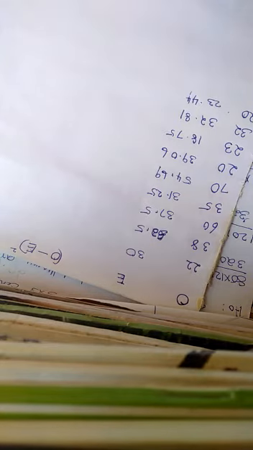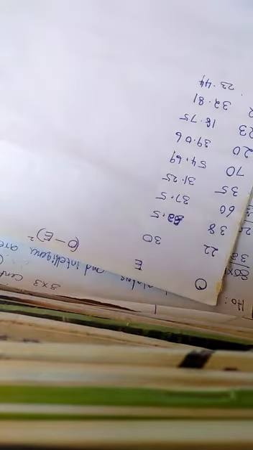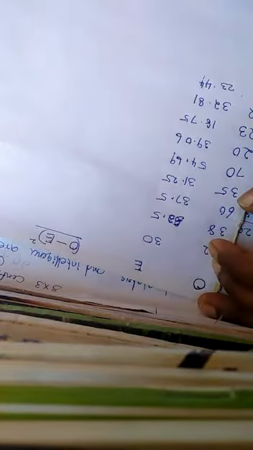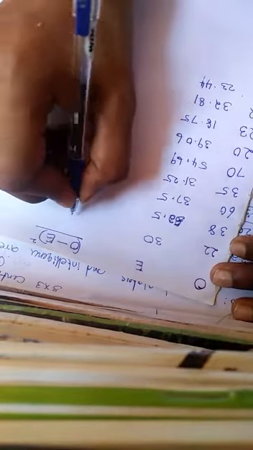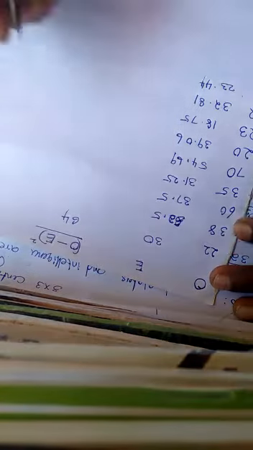You write down the observed frequencies and corresponding expected frequencies. Next, you find observed frequency minus expected frequency squared. Here 22 minus 30 is minus 8, minus 8 squared is 64.